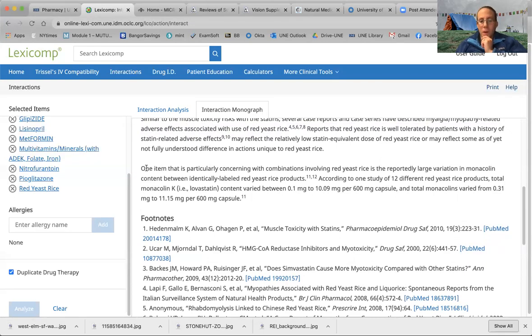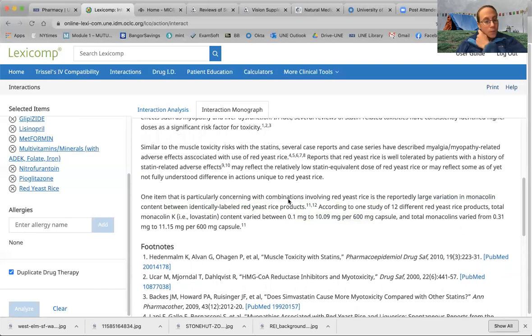And the concerning issue is that with red yeast rice there's large variability, which is sort of what I was talking about. According to one study, total content varied between 0.1 and 10 milligrams of lovastatin per capsule. So that's easily a 100-fold difference in concentration. It's very hard to predict.